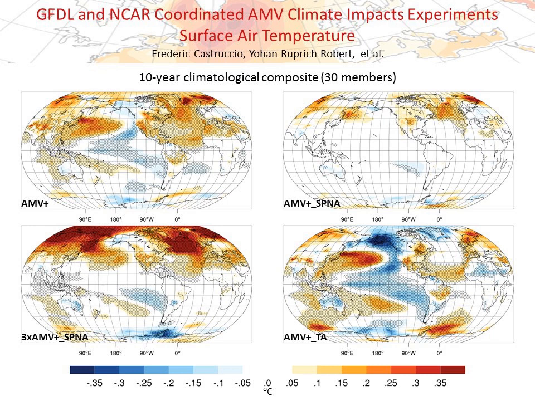Then the question becomes, regarding that AMV signal in the North Atlantic, whether the North Atlantic SST signal or the tropical signal is creating these climate impacts. So the right panels show where we impose only the North Atlantic SST anomalies, top panel, and the bottom shows where we impose the tropical Atlantic SST anomalies.